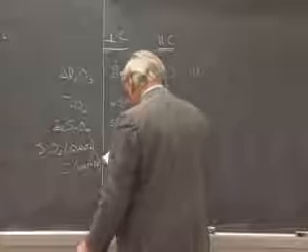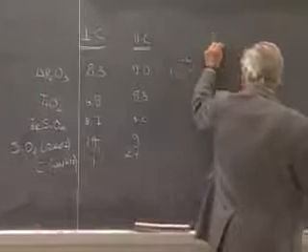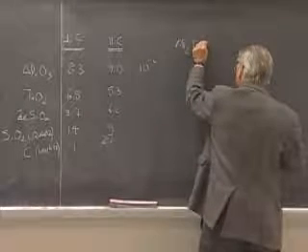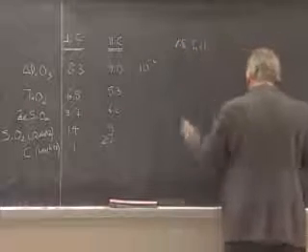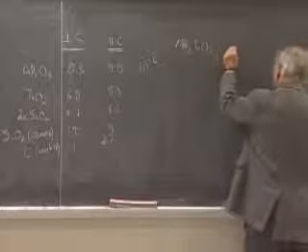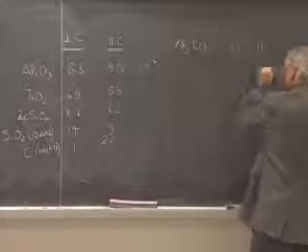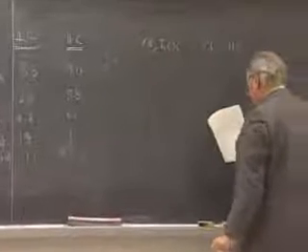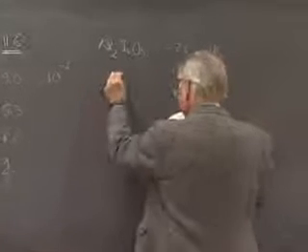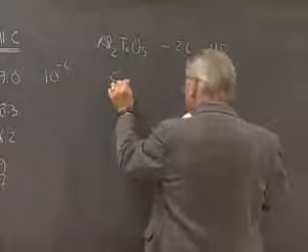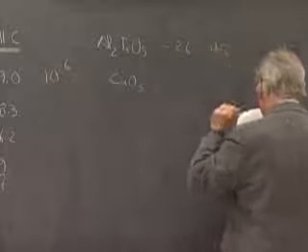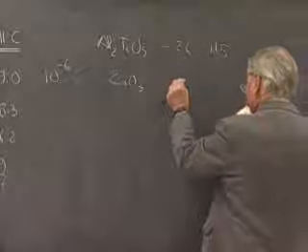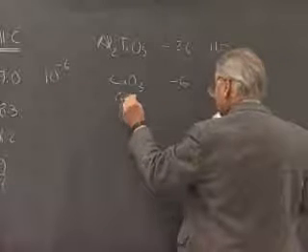A few more. Aluminum titanate. Perpendicular to C, minus 2.6. Parallel to C, 11.5. A very well-known example of anisotropy, extreme anisotropy, where one principal coefficient is positive and 2 are negative, is the calcite form of calcium carbonate.